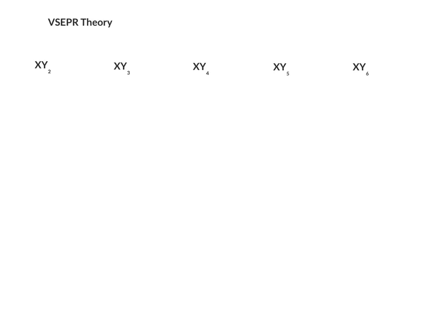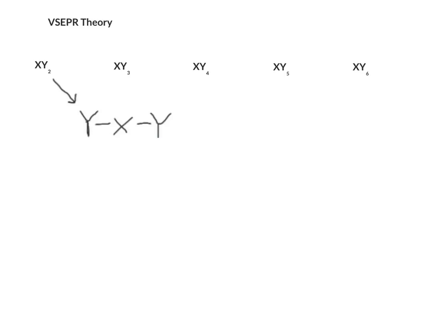For example, if you had some molecule, it was an XY_n type. What I mean by that is X is the central atom and Y are bonded atoms.